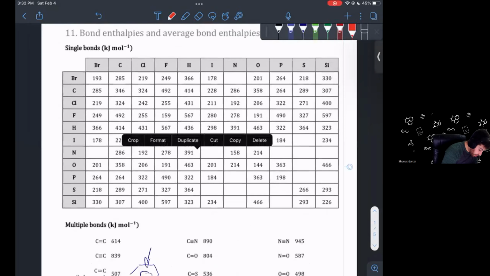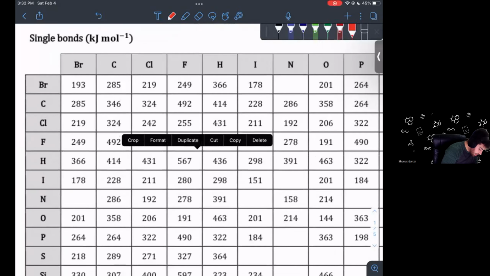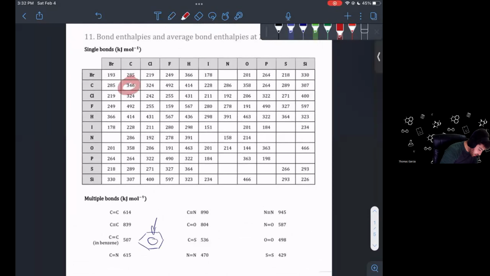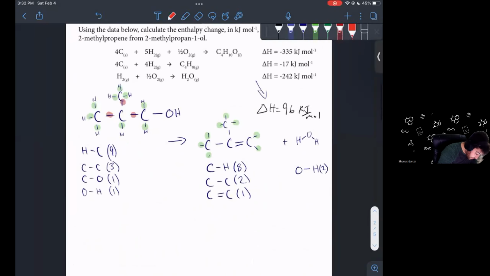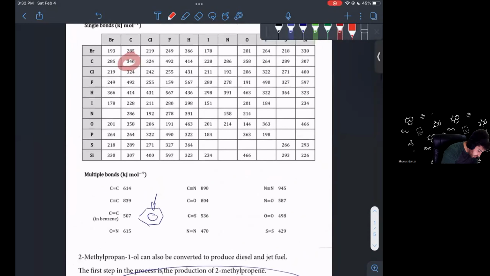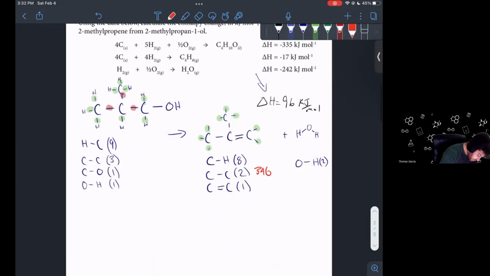So I see that carbon bonded to carbon is going to be 346. And that's our single bond carbon. Oxygen bonded to hydrogen, 463, and also over here, 463.